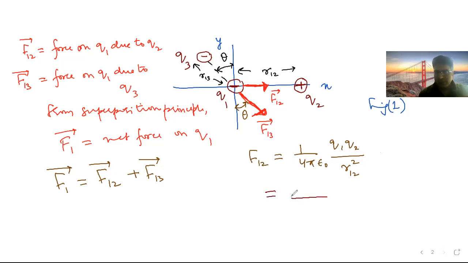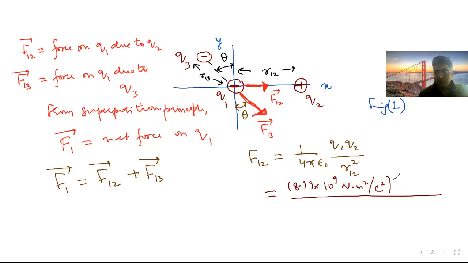Let's write like this. The value of 1 by 4 pi epsilon naught, you write it exactly, is 8.99 into 10 raised to power 9 Newton meter square per coulomb square. That is the SI unit of this constant.